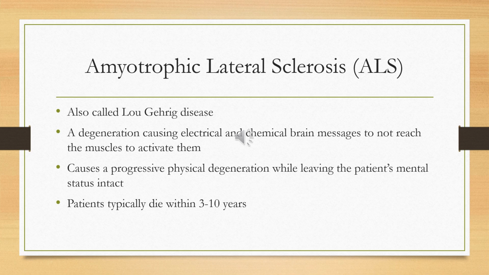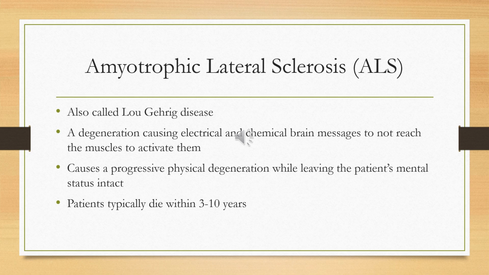Amyotrophic lateral sclerosis, ALS, which is also called Lou Gehrig's disease. The cause of it is not known, but it causes a progressive physical degeneration of the body. What is happening is that electrical and chemical brain messages are not reaching the muscles to activate them, to let them know to move.